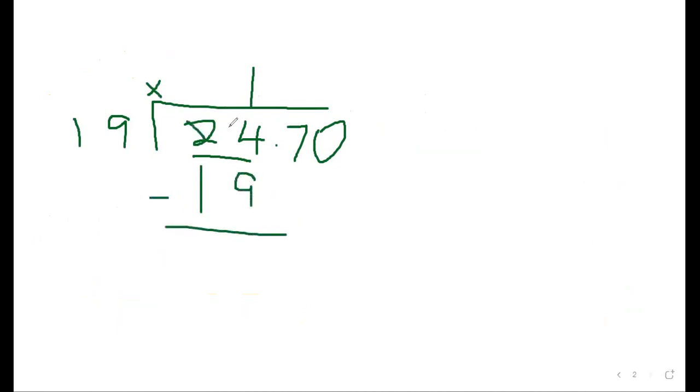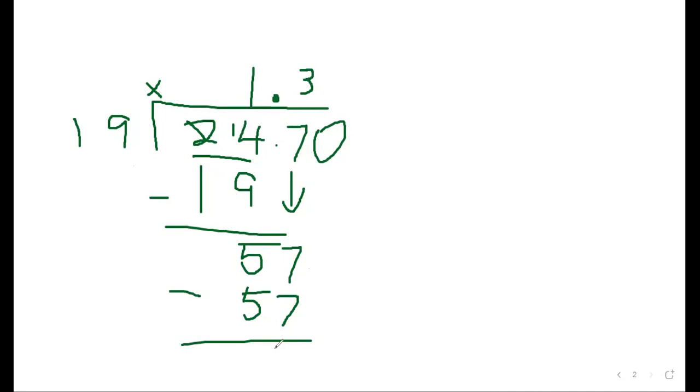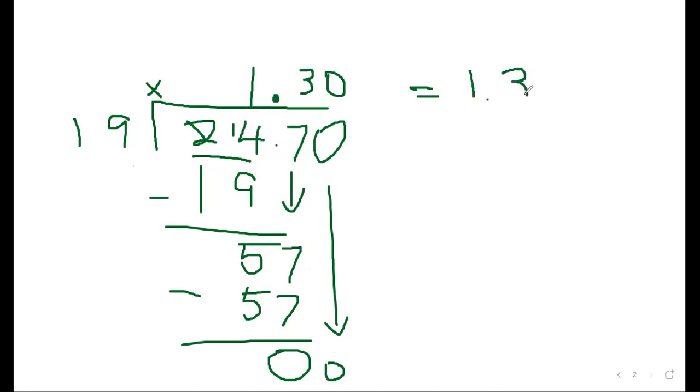It cannot be, so I'll borrow there. So 14 minus 9 is 5. Then bring down 7. And there is the decimal there, so you have to put the decimal above the decimal point. So 57 divided by 19 is 3. 3 times 19 is 57. And then you need to subtract, which is 0. Bring down 0. Don't forget the 0 is beside there. So this will be 1.30, or it can be 1.3.